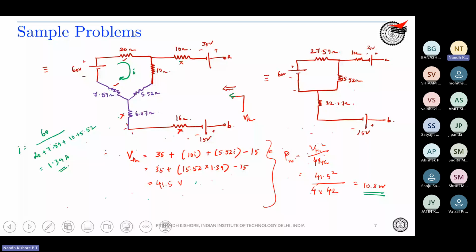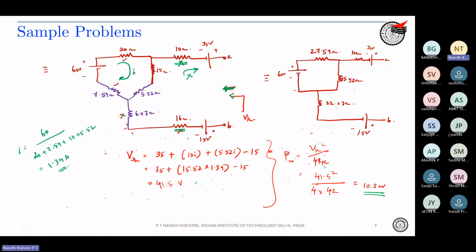Simplification is one thing, you found out what is R Thevenin, right? But finding out V Thevenin, you have to make sure that, since you are seeing from the terminal of VAB which is open, you understand that there will not be any drop across the 10 ohm resistor. There will not be any drop across the 16 ohm resistor because over here there is no current. Okay, no current is flowing over here.